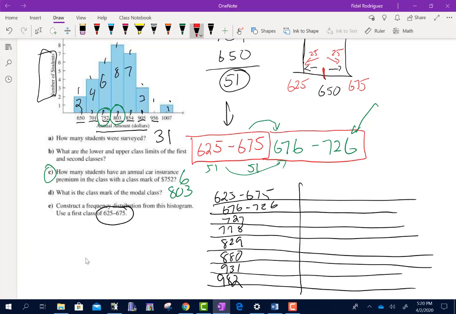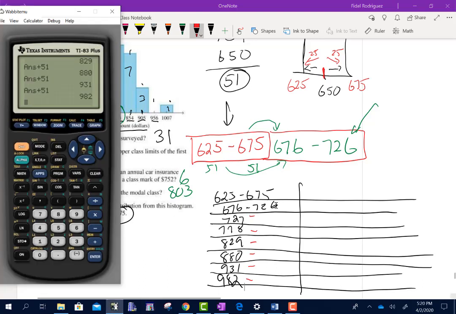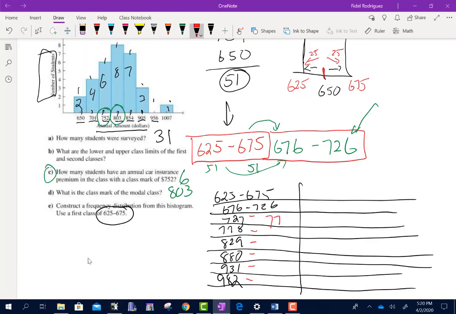So now I want you to think about, how am I going to find the second numbers, right? I could do the same thing. I could say, look, if this number here was 726, what happens when I add 51 to it? I'd come up with 777. Another way I could do that is I could say, if this number was 778, the one before it has to be 777.